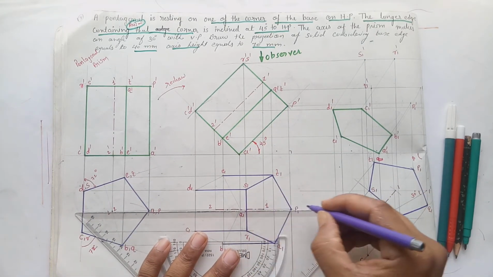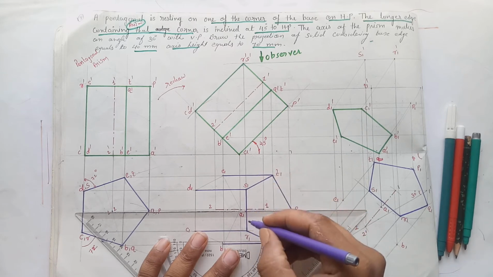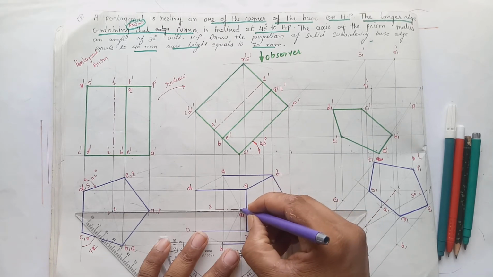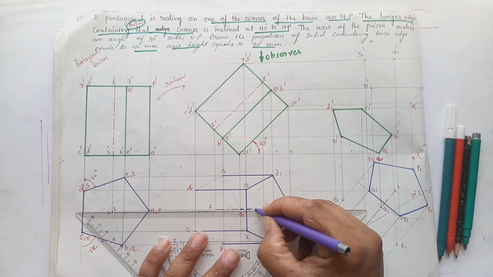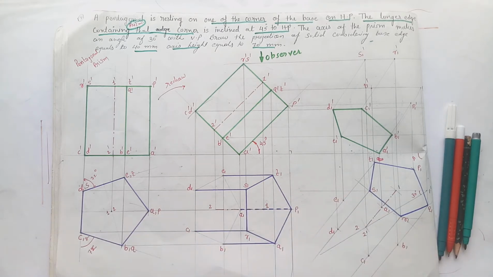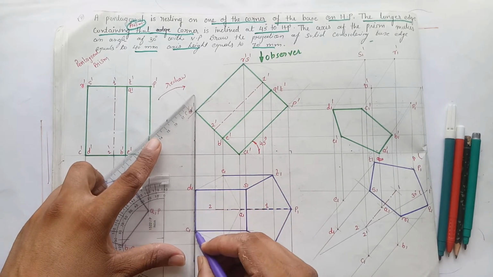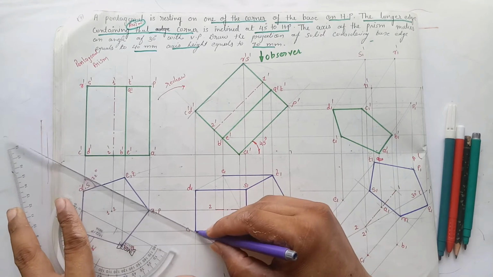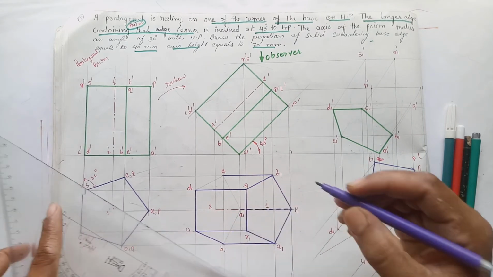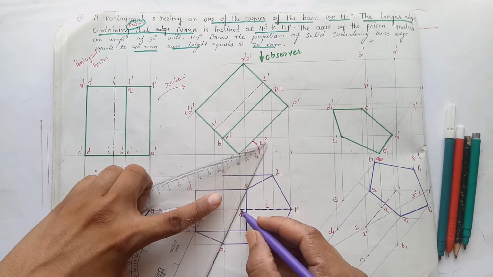And AP is going to be hidden because of intersection with the edge of the top face, SR. So AP is going to be hidden. So these are the side edges. Now draw the base edges. CD visible, CB visible, AB is going to be hidden. We have an intersection over here.